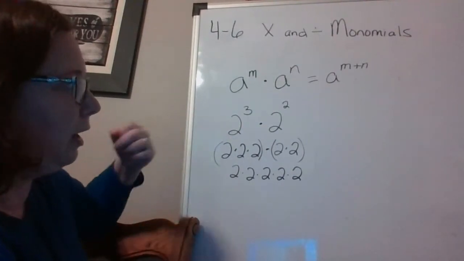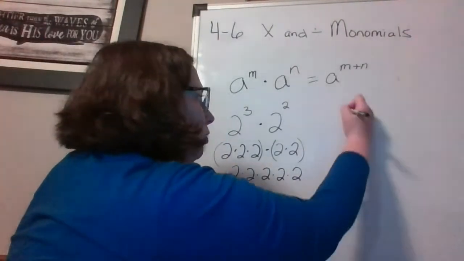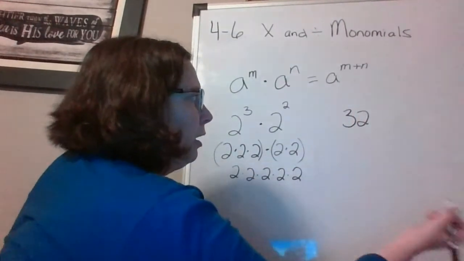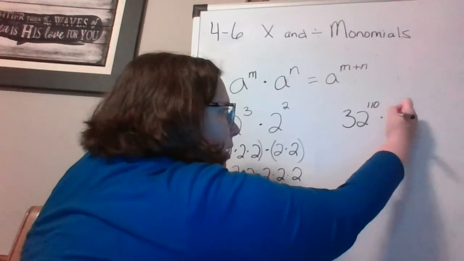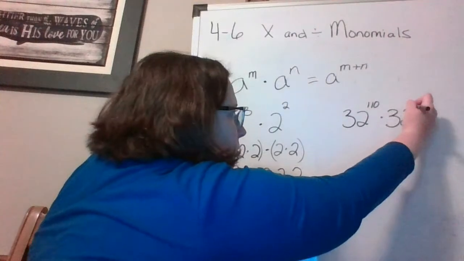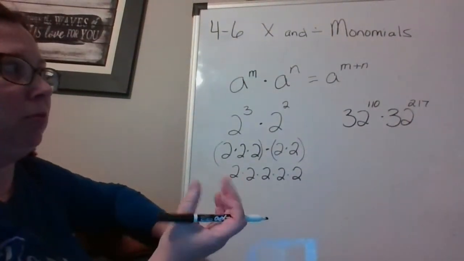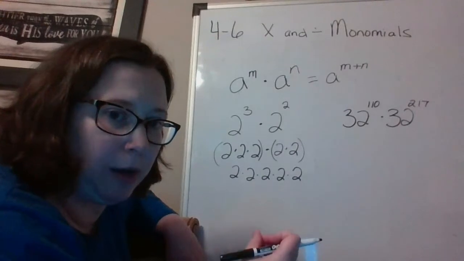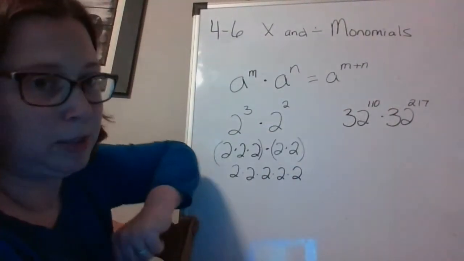So you might have the same base, maybe 32, to the 110, and then over here you have 32 to the 217th power. Well, we certainly don't want to have to multiply 32 that many times.